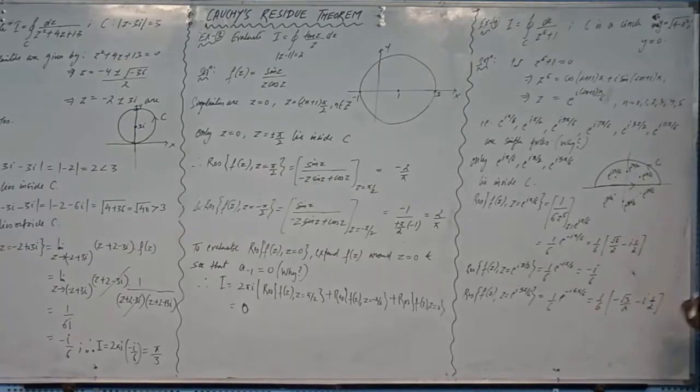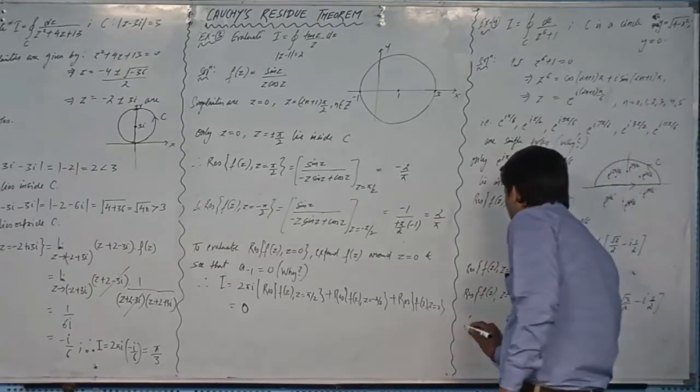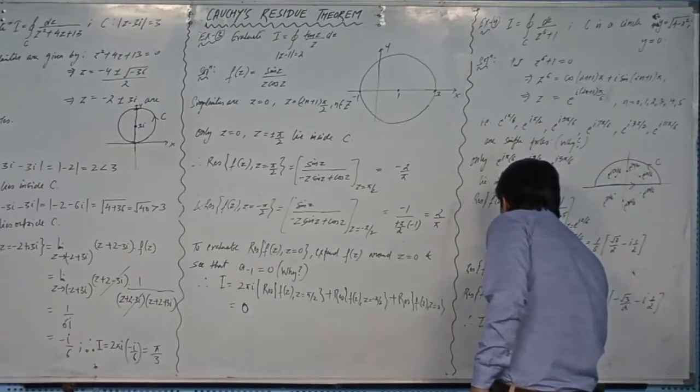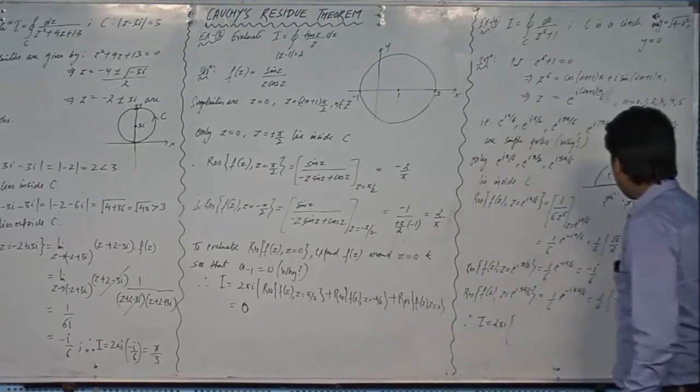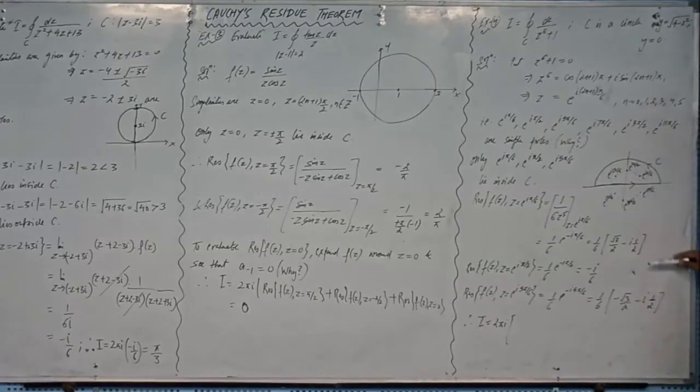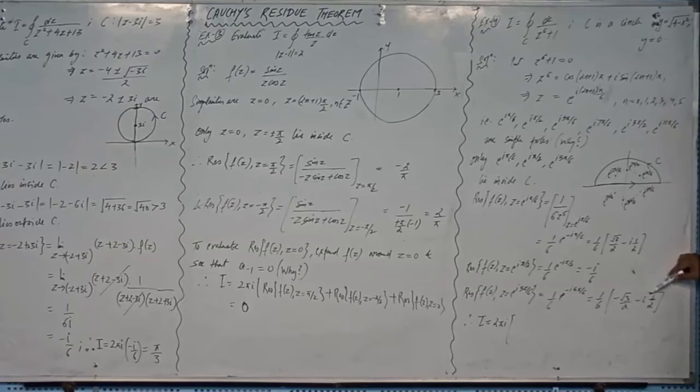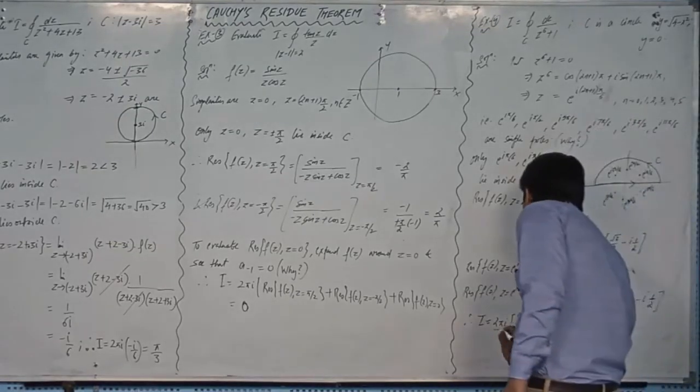Now I will add them. Therefore my final answer would be 2πi multiplied by the sum of these residues. If you sum them, I think this √3/2 will be cancelled, and this will be added up. This will give you minus i, and 1/6 should be taken outside.